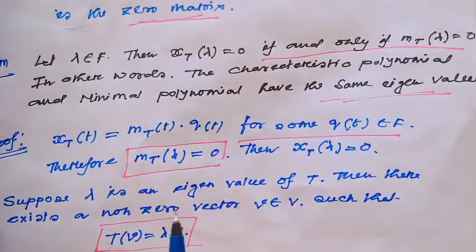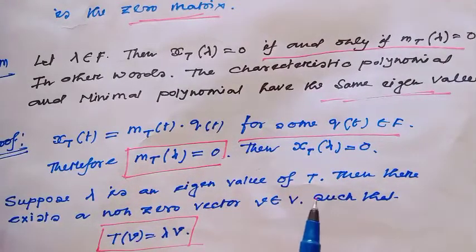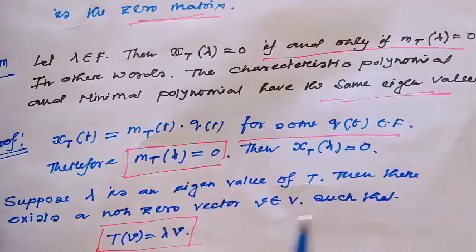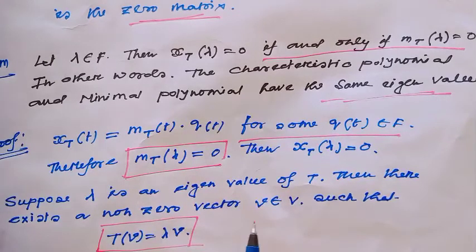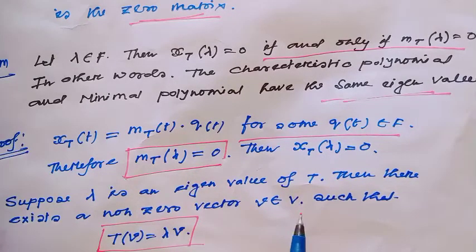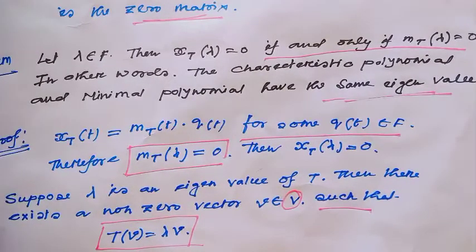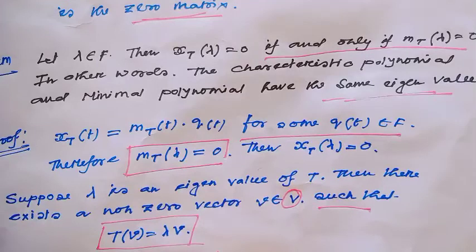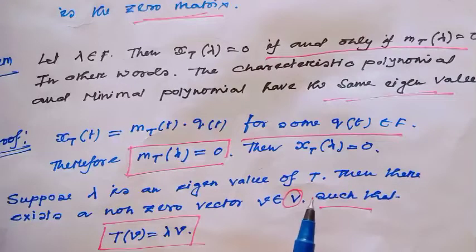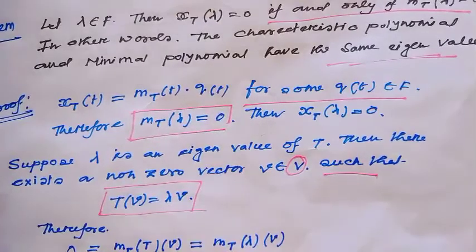Because suppose lambda is an eigenvalue of the linear operator T. Then there exists a non-zero vector v in the vector space V such that, by the definition of eigenvalue, since lambda is an eigenvalue of this operator, T(v) equals lambda v.